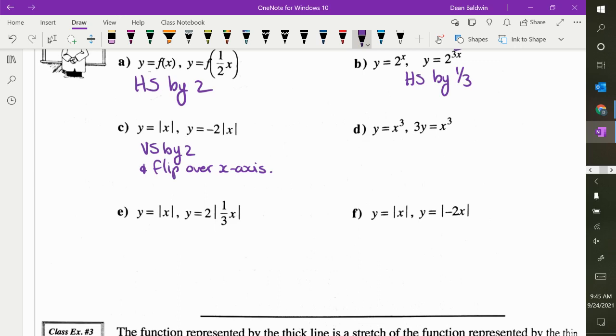What about D? What's wrong with the way D is written? Y is not isolated, so we divide off the 3. I get y is equal to 1/3 x cubed, which tells me what? What have we done? Vertical stretch by a third.